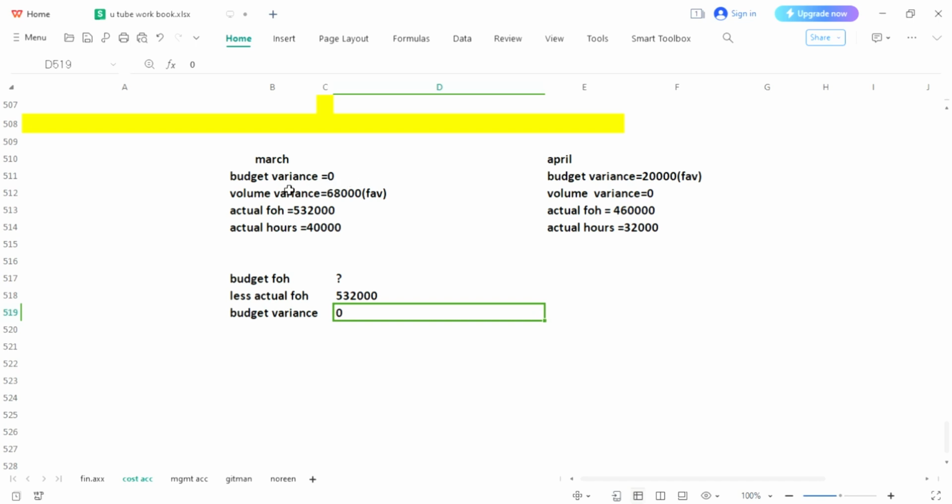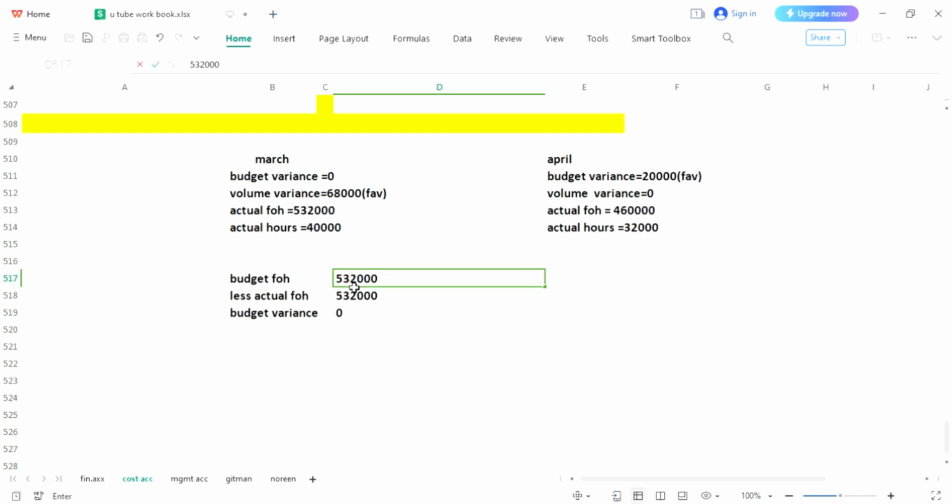As budget variance is 0, whether favorable or unfavorable makes no difference. If you add or subtract 0 from 5,32,000, you get the same answer. So we can directly write 5,32,000 as our budget FH.